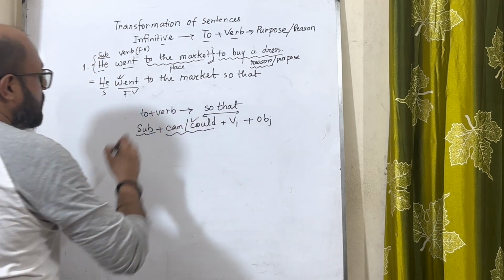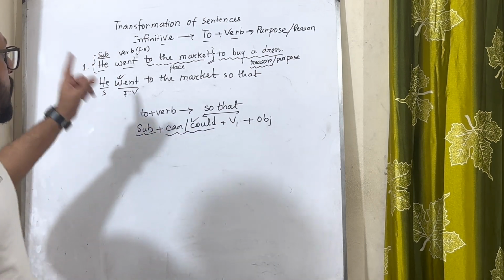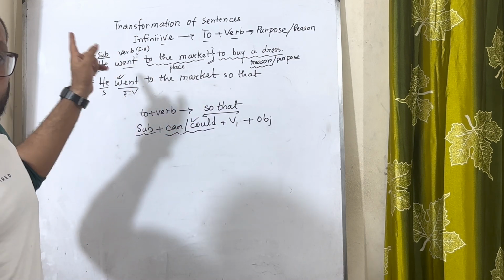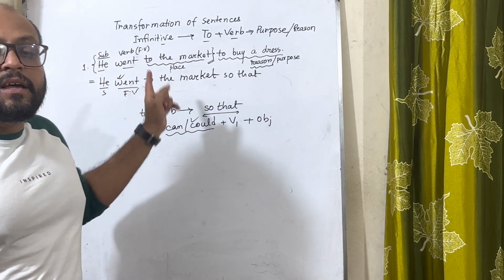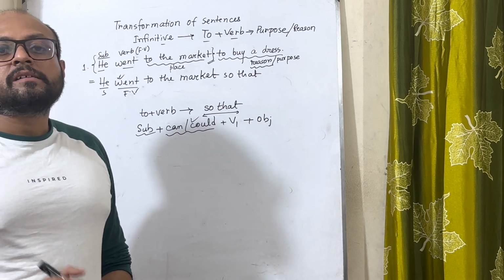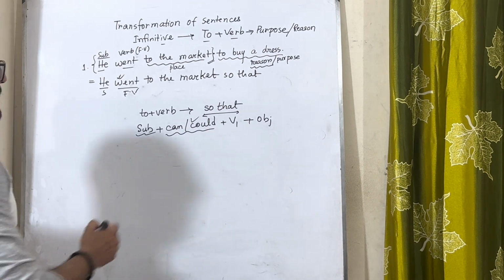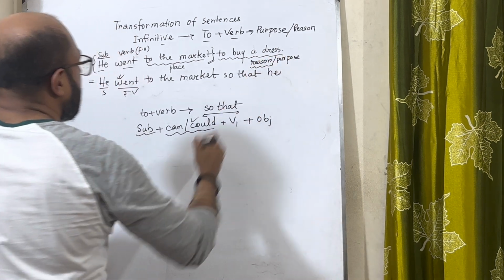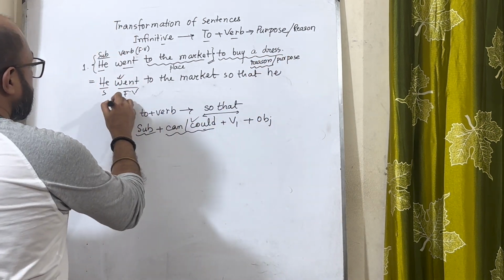And what will be the subject? Well, who actually went to the market? He. So the same person will be the subject of the subordinate clause, and that is the reason I will write he, and my verb will be could.